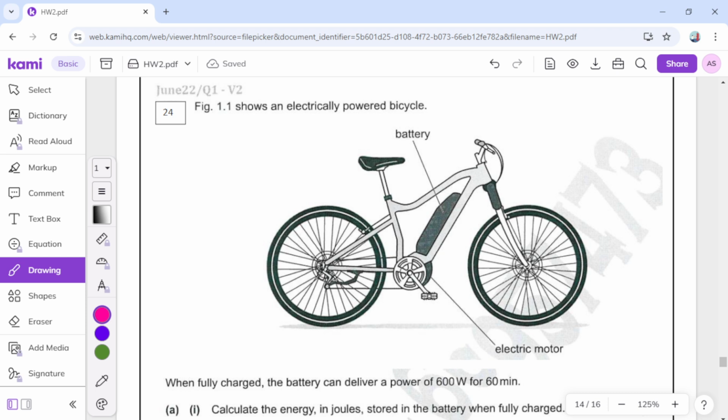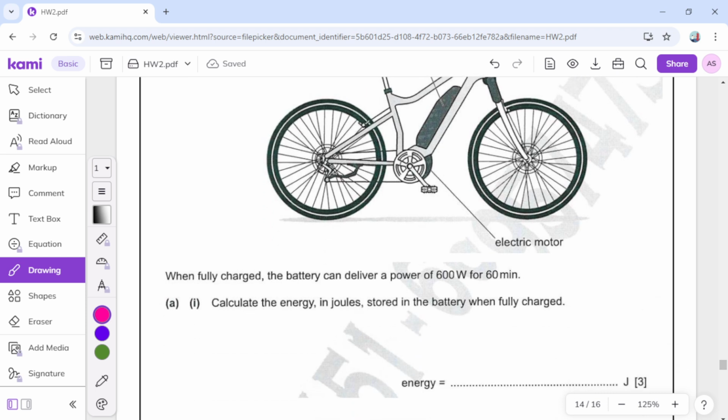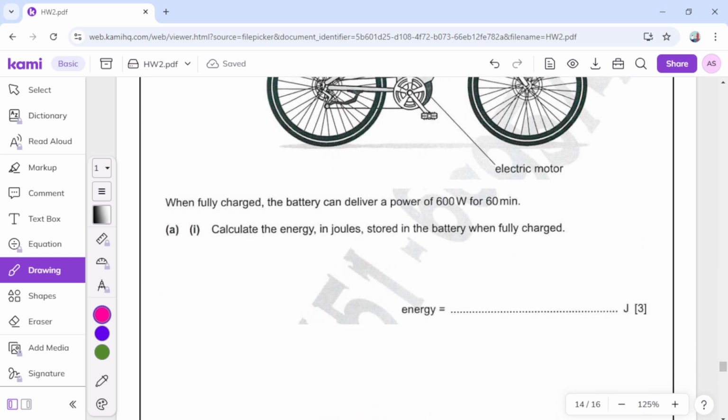Figure 1.1 shows an electrically powered bicycle. When fully charged, the battery can deliver a power of 600 watts for 60 minutes. Again, time equals 60 multiplied by 60, because it said 60 minutes. So now 3,600 seconds. Calculate the energy in joules. Energy equals power multiplied by time.